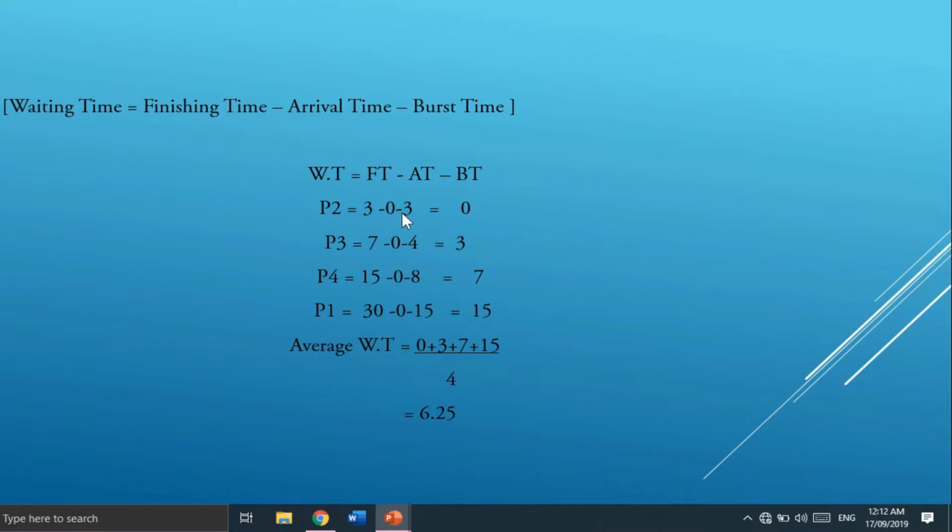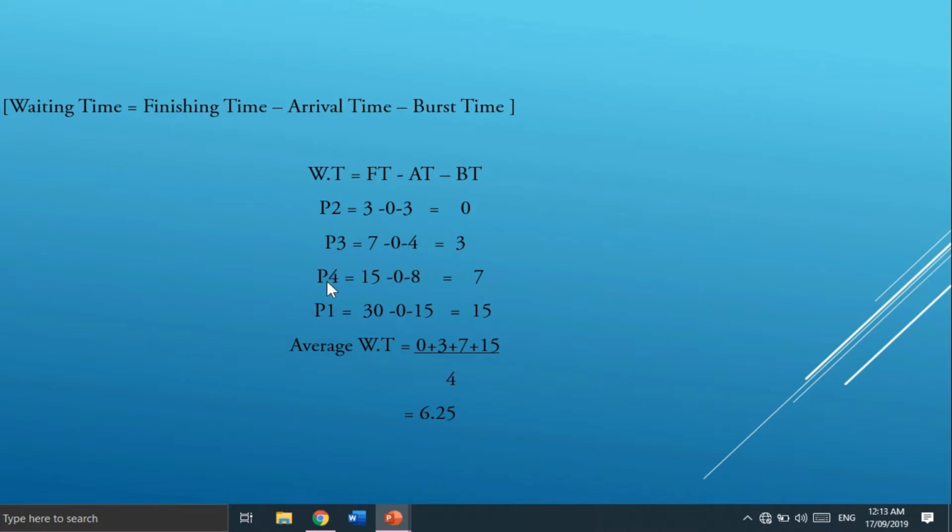So 3 minus 0 minus 3 burst time is equal to 0, followed by process 3, which has the finishing time of 7, arrival time of 0, and burst time of 4, which is equal to 3.